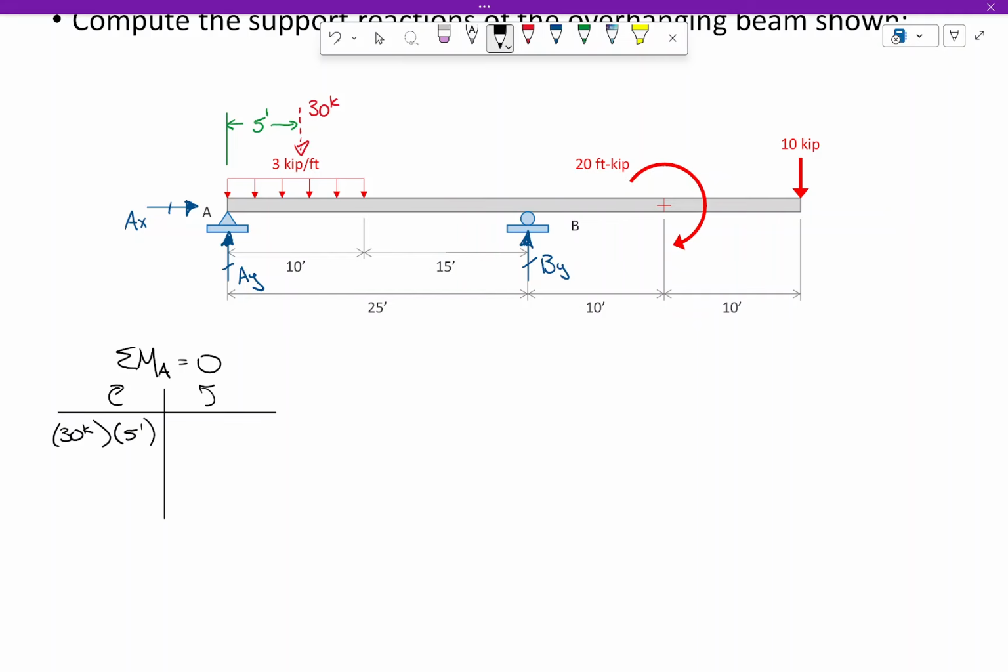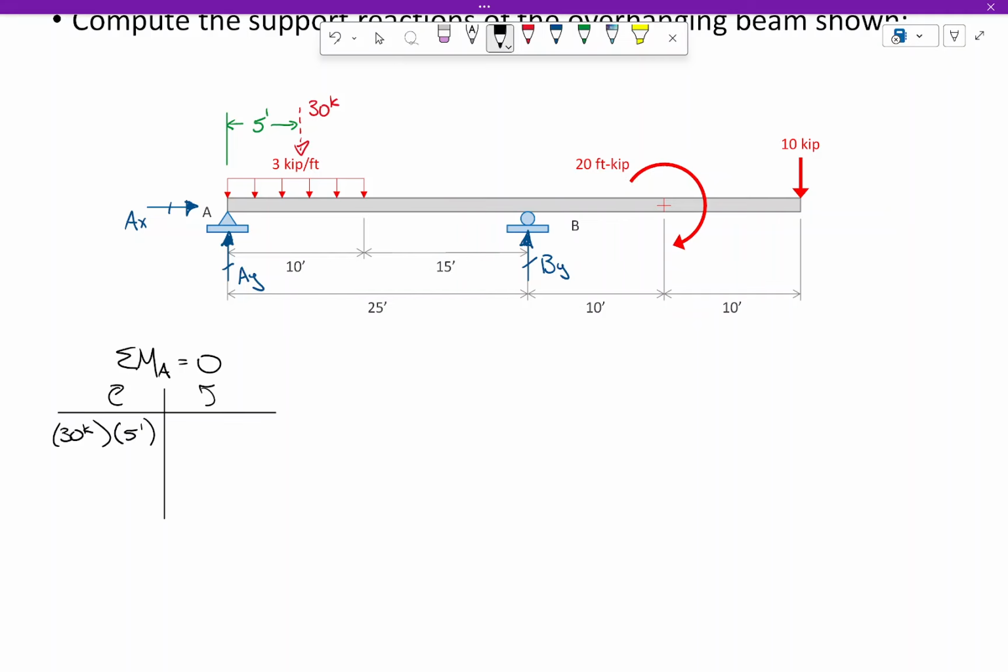Here's what we've got going on. Here's point A, here's a load. There's a line of action that goes forever, and we're just trying to figure out the shortest distance. That's what we're trying to do. Moving from left to right, I have BY.